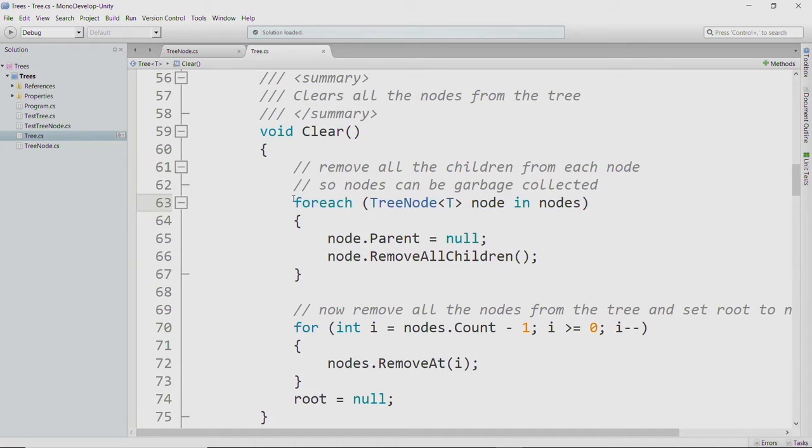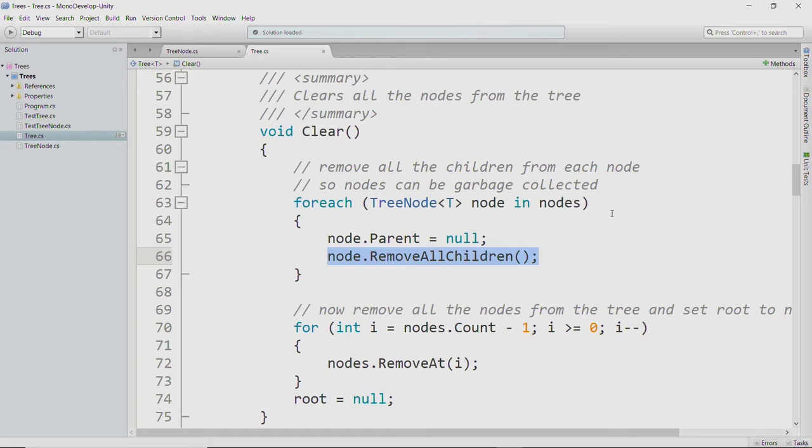Well, clearly the loop iterates n times, where n is the number of nodes in the tree. This is constant time. We just talked about remove all children as being order n, but with a different definition of n. N was the number of children for that particular node. So we have to sort of think of this stuff all together. How many times will we actually remove a child from a parent?